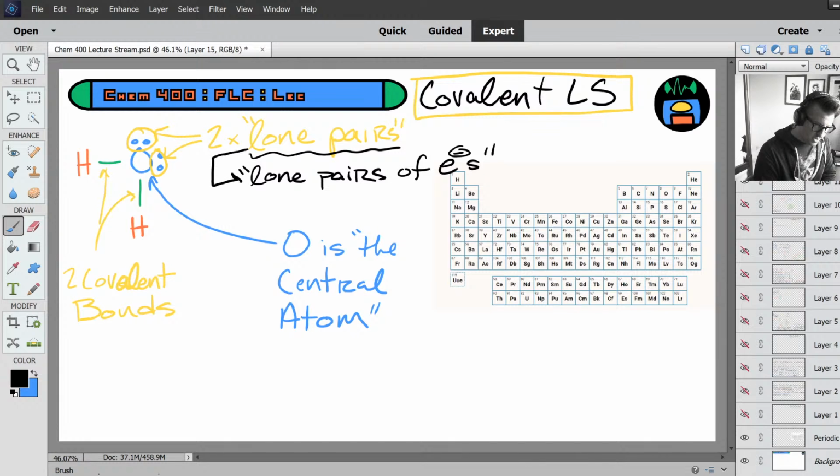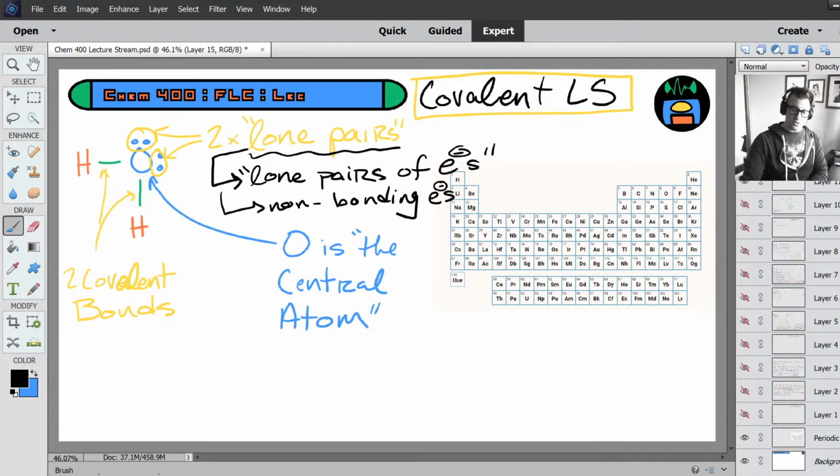All right, that is what that stands for. So if you hear me saying, oh, that's a lone pair, 1 lone pair is 2 electrons, just like 1 bond has 2 electrons. And they're just lone pairs of electrons. They can be called lone pair of electrons. They can also be called non-bonding. Non-bonding electrons is another thing that you'll hear people say. These all refer to the same thing.